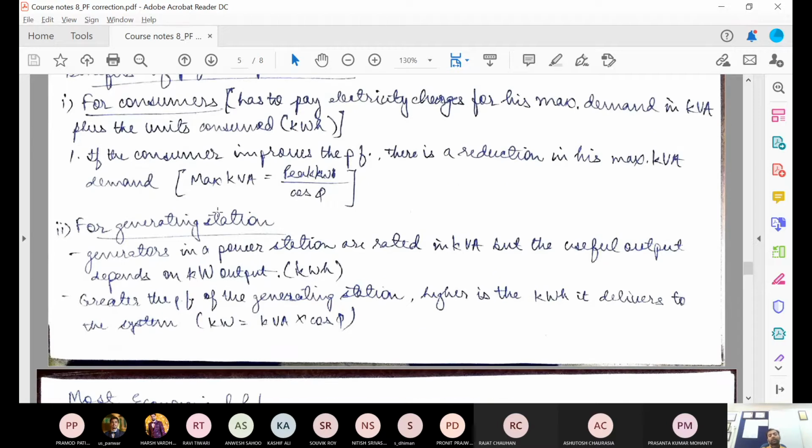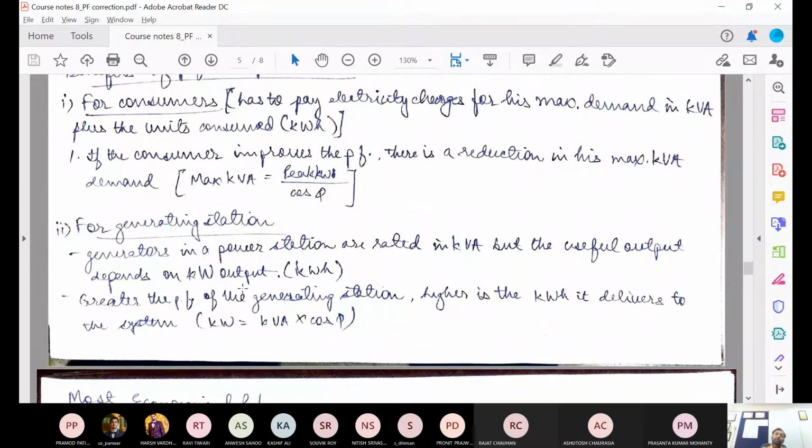For the generating station, there is also an advantage. As it says here, the generators in a power station are rated in kVA, but the useful output depends on the kilowatt output. As we have discussed earlier, generating equipment is always rated in kVA or MVA, because when you are generating, there is no distinction between real and reactive power. The distinction comes from the consumer, depending upon the type of loads you have in the system.